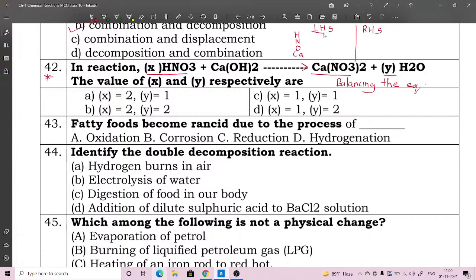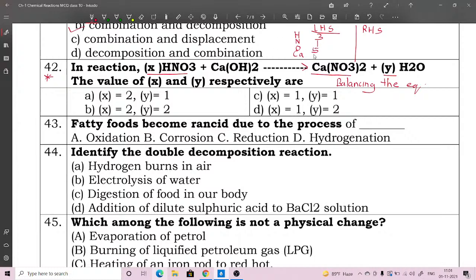On the left hand side, how many hydrogen? On the right hand side, how many hydrogen? We have one here and two here, so total 3 hydrogen. Nitrogen is 1, oxygen is 3 over here and these 2, so it becomes 5.